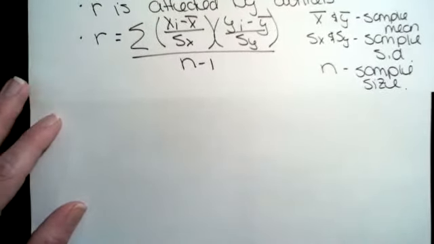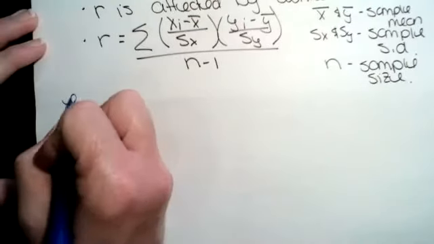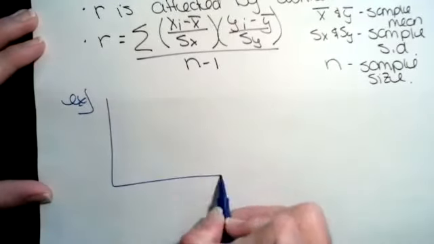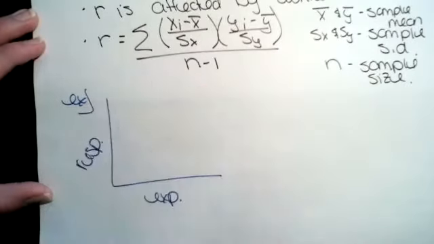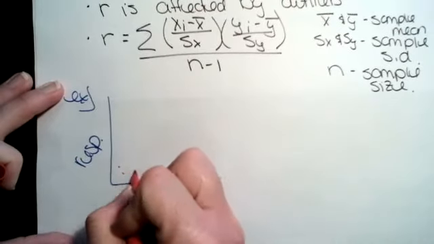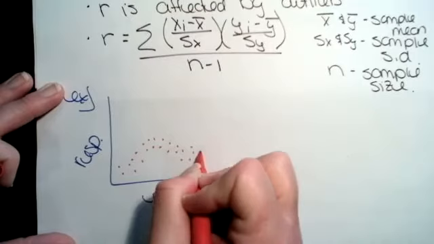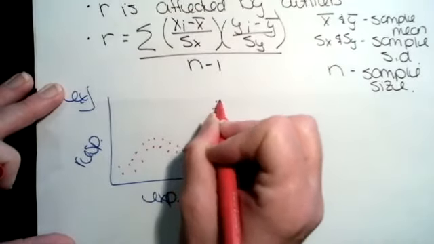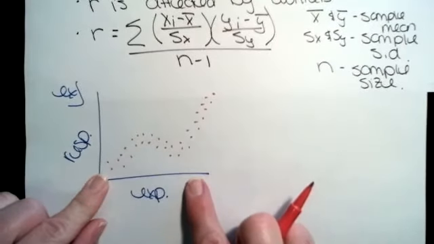Okay, so let's take a look at a couple examples of things that we might see with these scatter plots. If we have a scatter plot, we have our explanatory variable down here and our response variable over here. I might have these dots, and they might show a pretty good relationship right here.